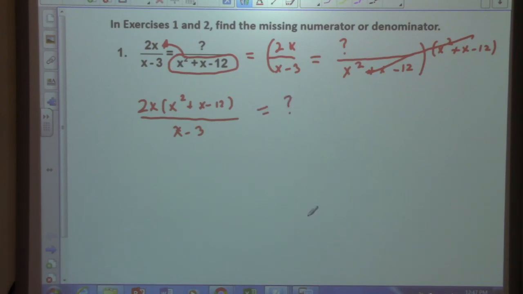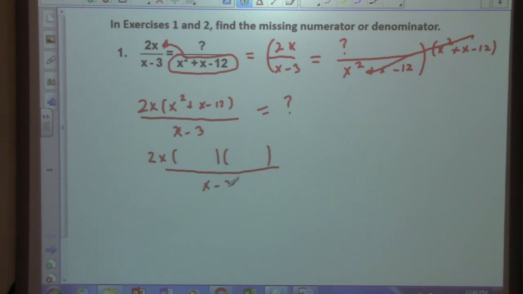Question mark. Okay, now have we solved and found the missing numerator or denominator? Yes, we have. But one thing we're going to try to do as mathematicians, see if we can simplify further. Can further simplification be done? I think it's 2x squared plus 8x. Yeah. So let's go ahead and do this. We have a couple people that are going ahead of us pretty fast. We can factor what's in our numerator, right?